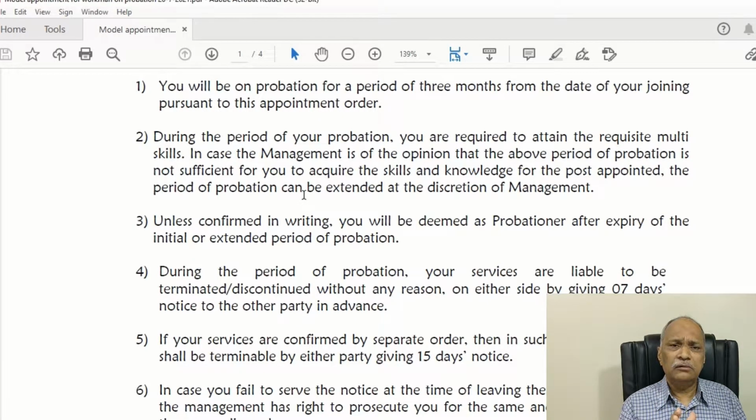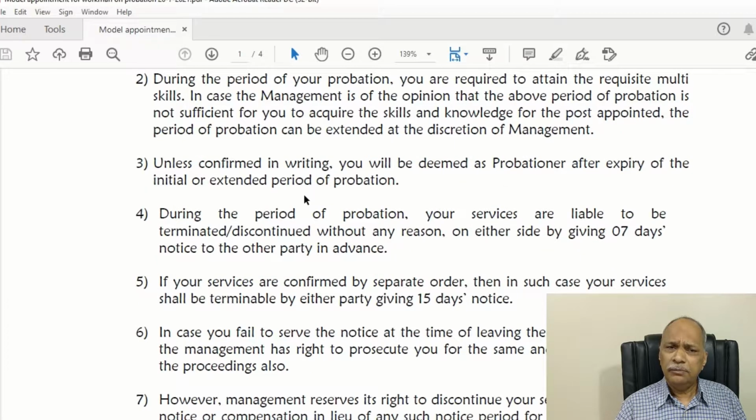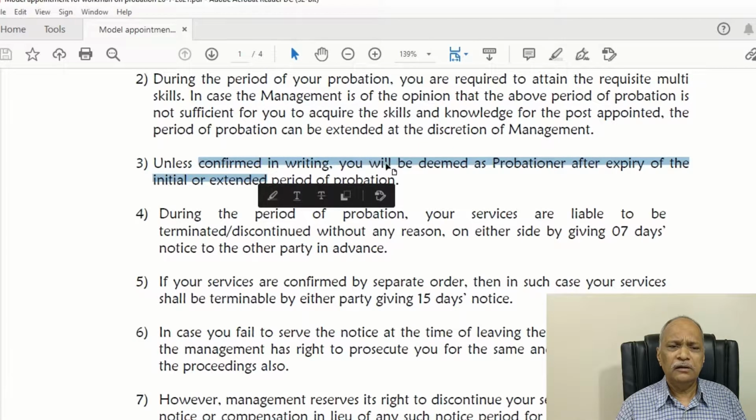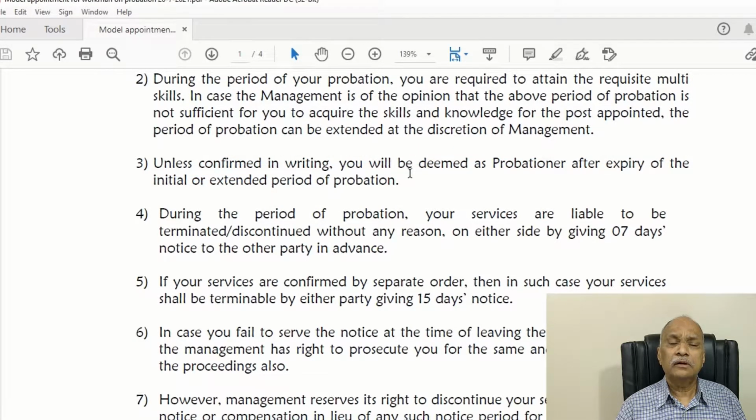It is important that during the probation period also, one has to perform the normal duties with required skills. After satisfactory completion of the probation period, the company can issue a confirmation letter. But normally there is a misconception in the market. It is mentioned like this: unless confirmed in writing, the workman will be deemed a probationer after expiry of the initial period of probation, and they delay the confirmation.